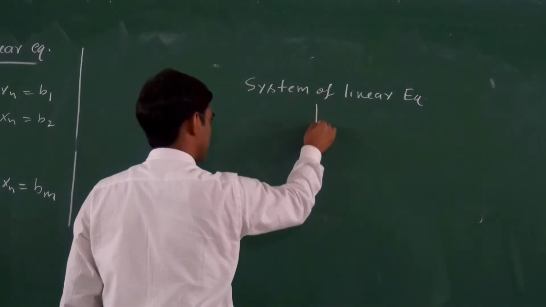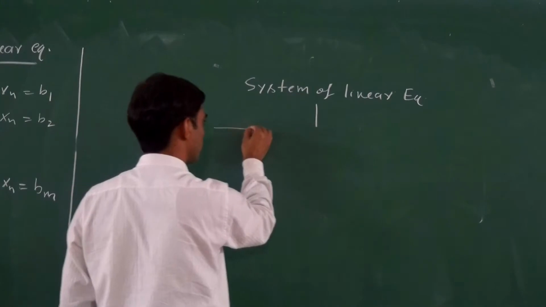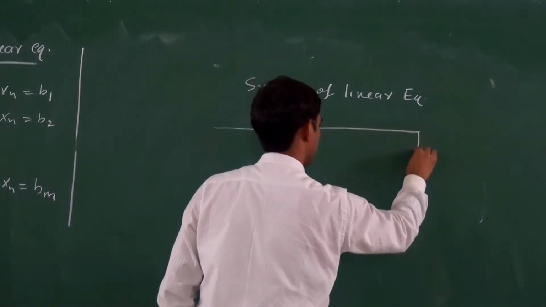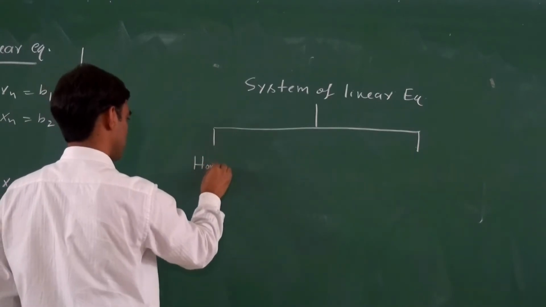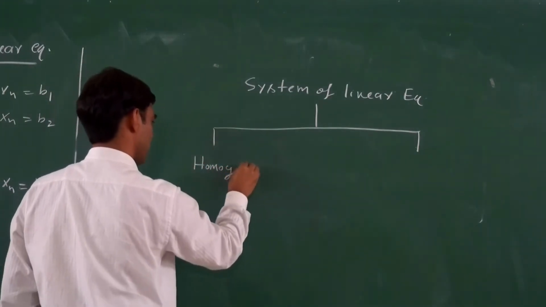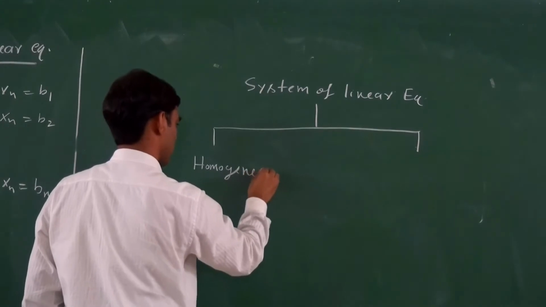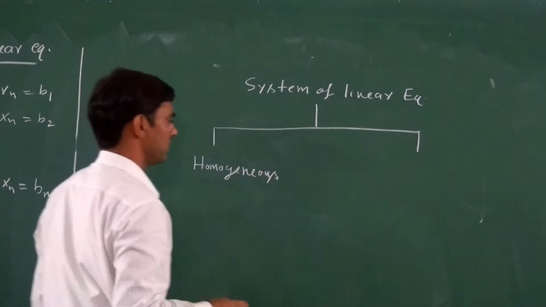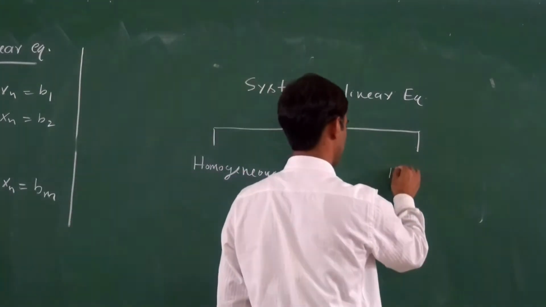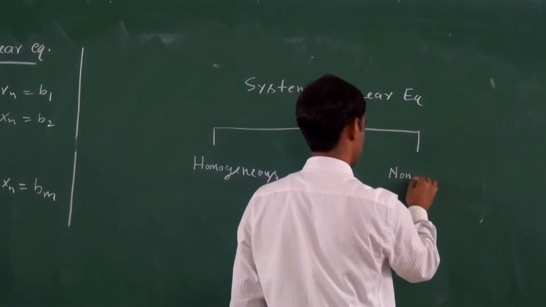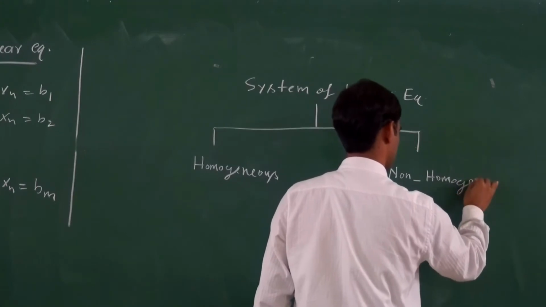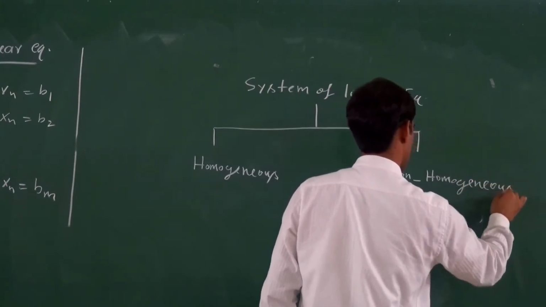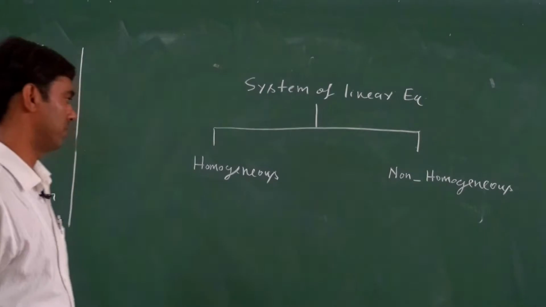There are two types of a system of a linear equation. First one is the homogeneous system of a linear equation. Second one is the non-homogeneous system of a linear equation.